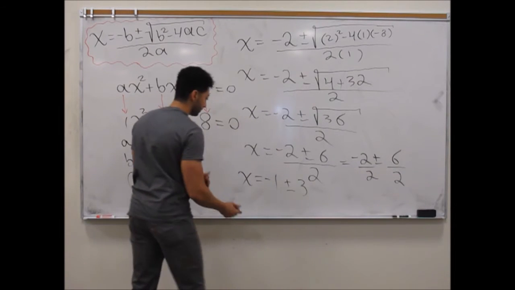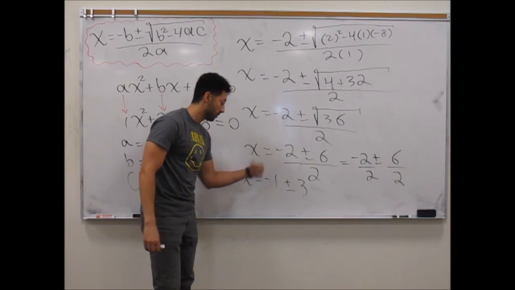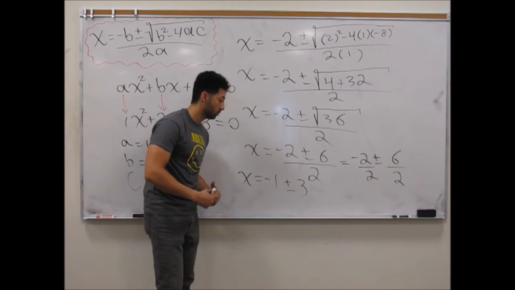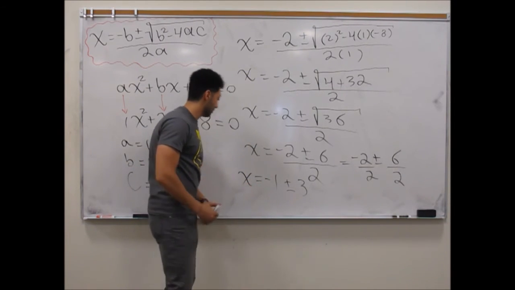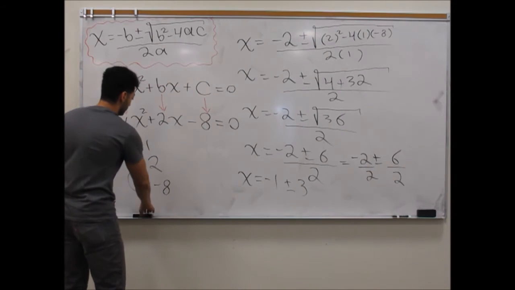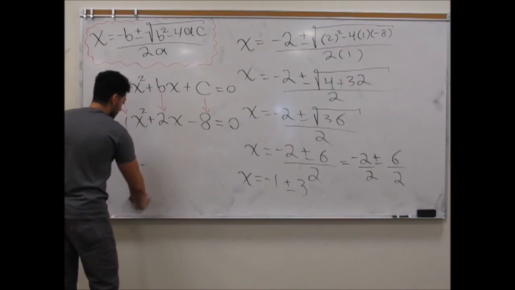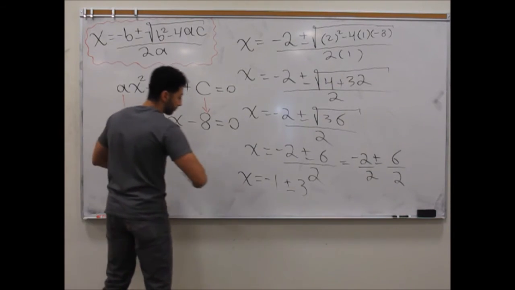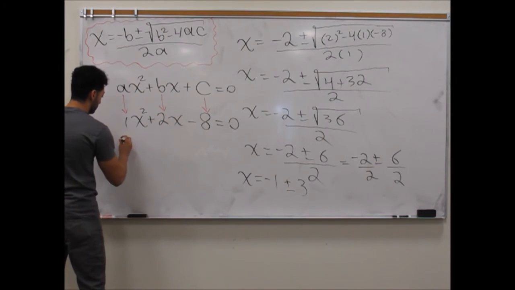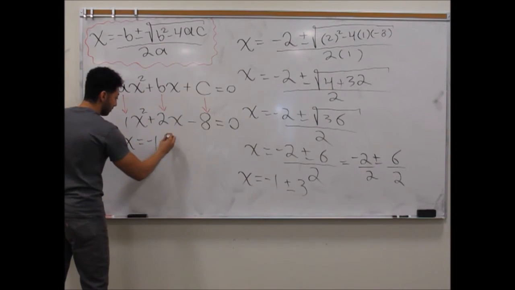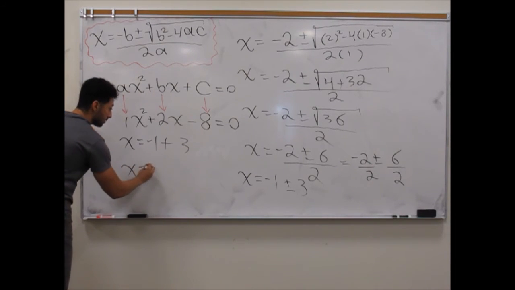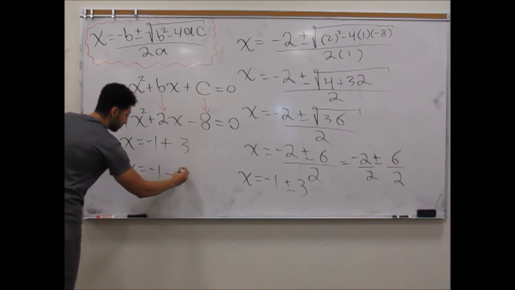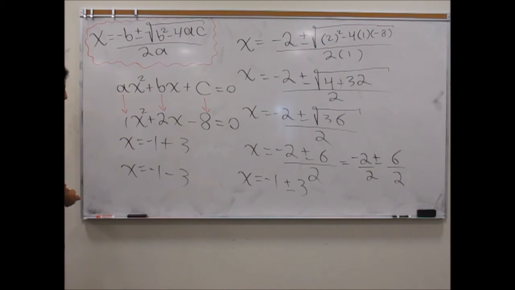So now the place where the plus or minus comes in is you can just write out 2 different solutions for this. So one of our solutions is going to be x is equal to negative 1 plus 3 from the positive root, and the other one's going to be x is equal to negative 1 minus 3 from the negative root.